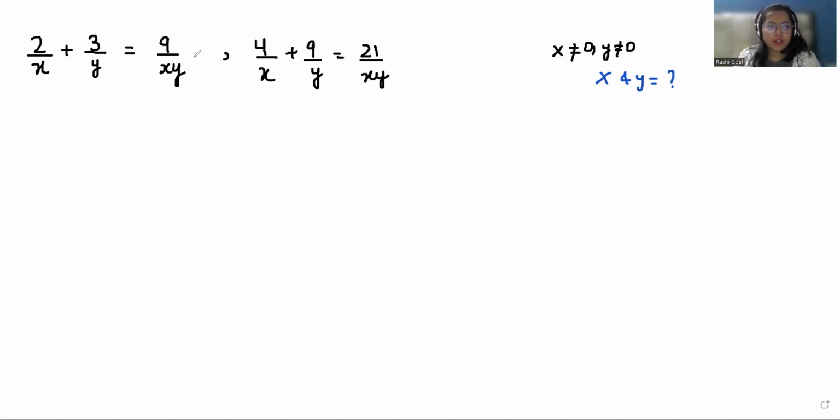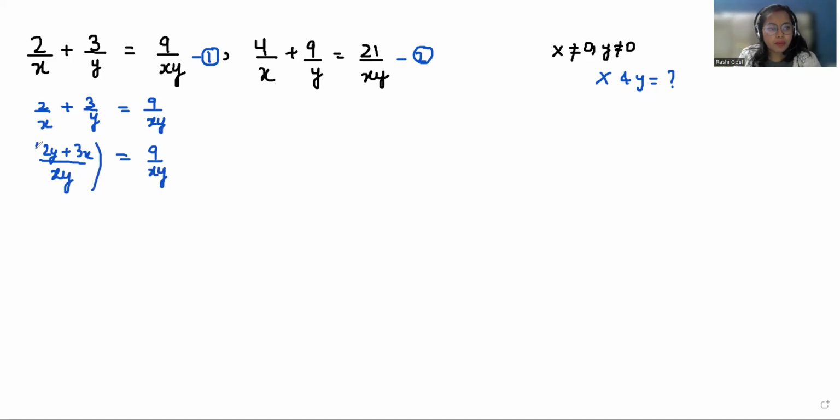First, I'm taking this equation and considering it as equation number 1 and this as equation number 2. So, I'm taking equation number 1: 2 by x plus 3 by y is equal to 9 by xy. On the left side, I'll take the LCM, that is xy, and here 2y plus 3x is equal to 9 by xy.